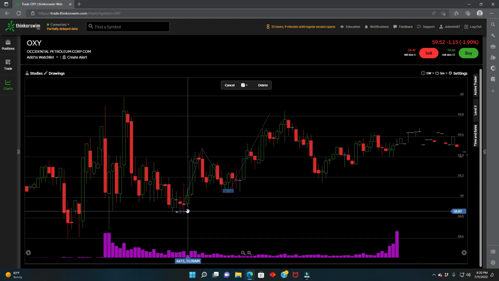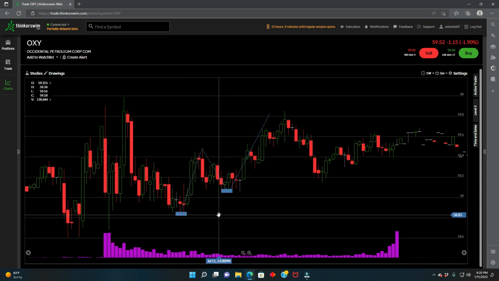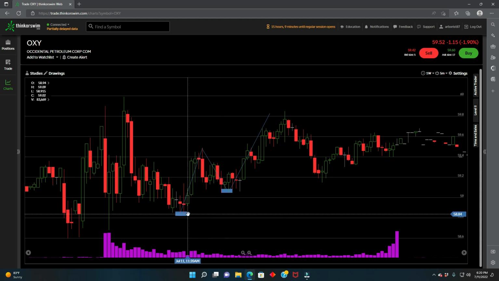And when putting your stop loss in place, you're going to want your stop loss level at or right below the level of your point A. In this case, that's 58.84. So you would want to place your stop loss slightly below that at 58.82. That's where I would place my stop loss.